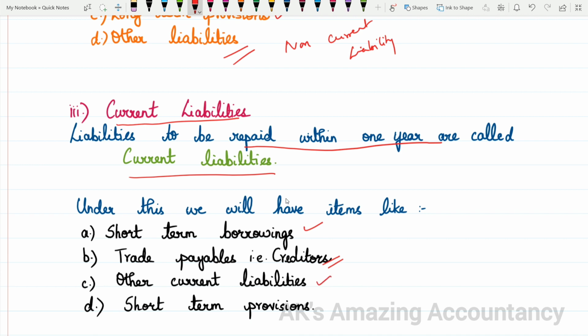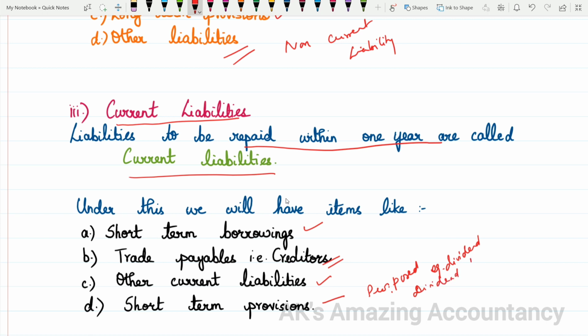And if you have any short term provisions given in the problem, it will include items like proposed equity dividend. This again is a short-term provision, and something like dividend tax payable.